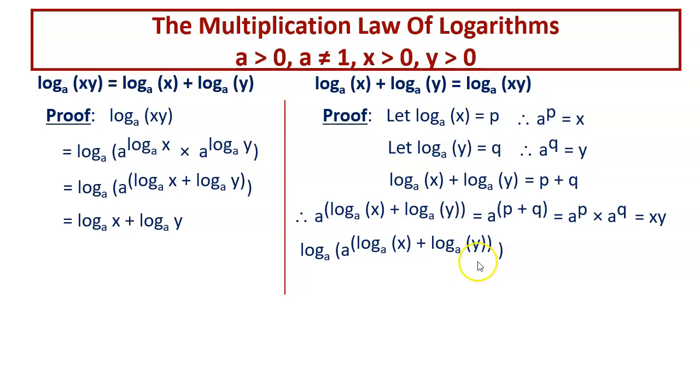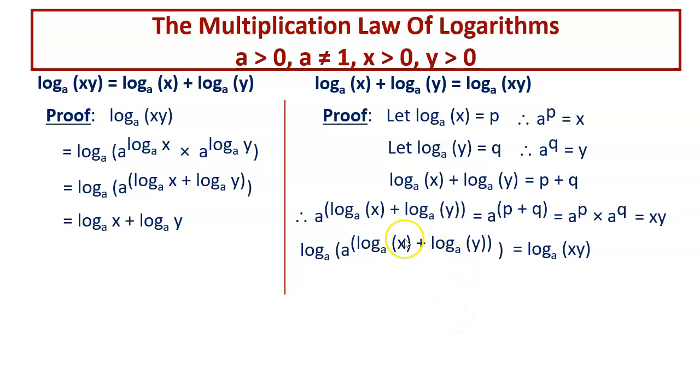And what do we do next? We take the log of both the sides. This is the left side and this is the right hand side. So we are taking the log to the base a of both the sides. So it is log of e raised to this power to the base a equal to log of xy to the base a.